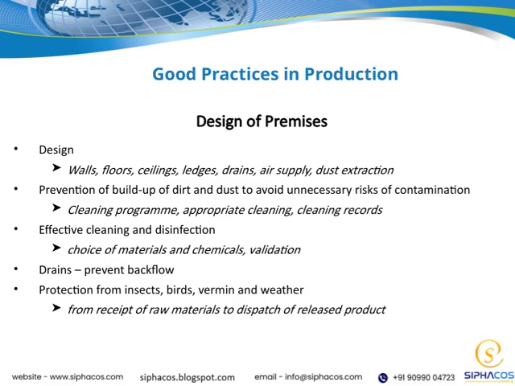Protection from insects, birds, vermin, and weather also plays a key role in safeguarding the premises. All these elements should be maintained from the receipt of raw materials through to the dispatch of the finished product. Finally, good practices in production are integral to this entire process. A well-designed premise supports these practices, helping us maintain quality and safety throughout the production cycle.